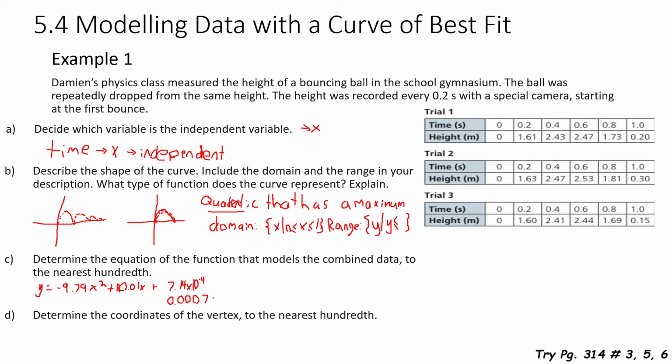So 0.00714. Now this doesn't have any hundredths, so we're going to leave it in the tenths, and this number isn't as pretty anyway. I'll leave it there. I don't need to erase it. But here's our equation that we get. We put our data in, we calculate the quadratic regression, and we get this.